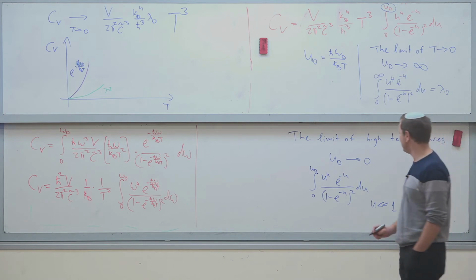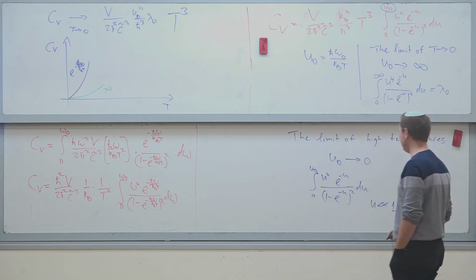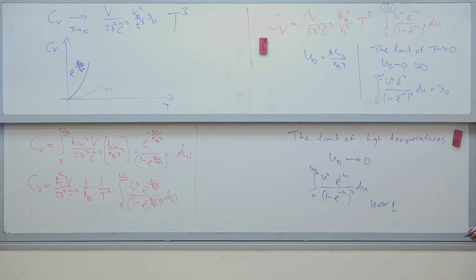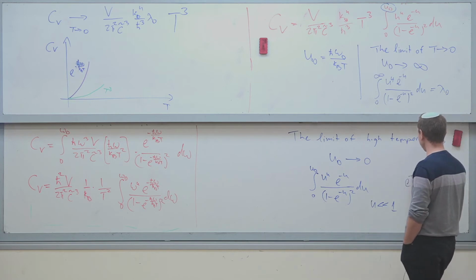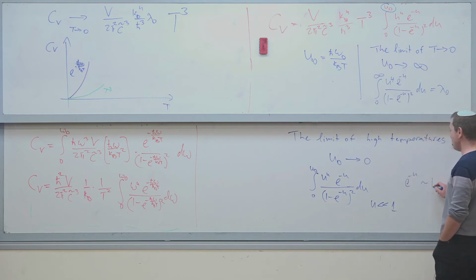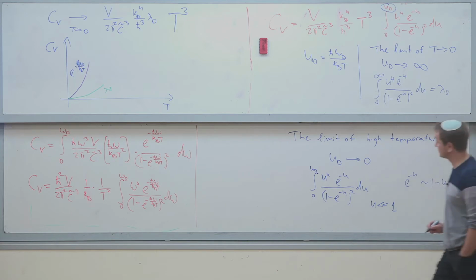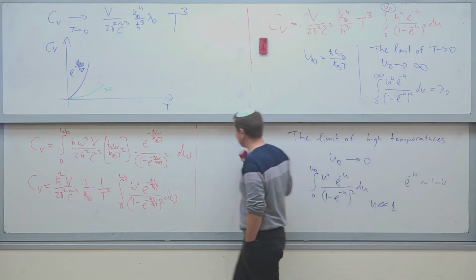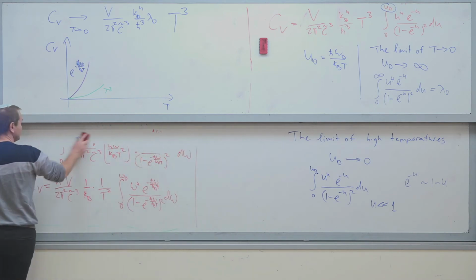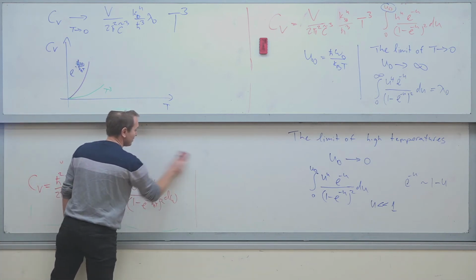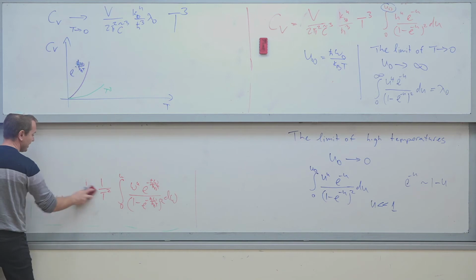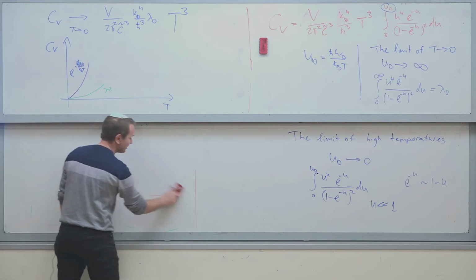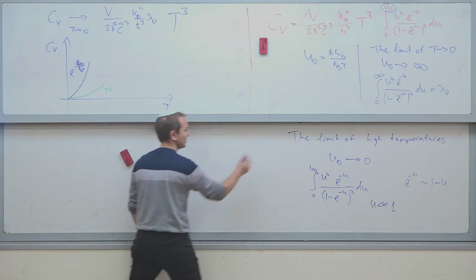So when u is much, much smaller than 1, we can expand e to the minus u as 1 minus u. The higher the temperature, the better my approximation is.